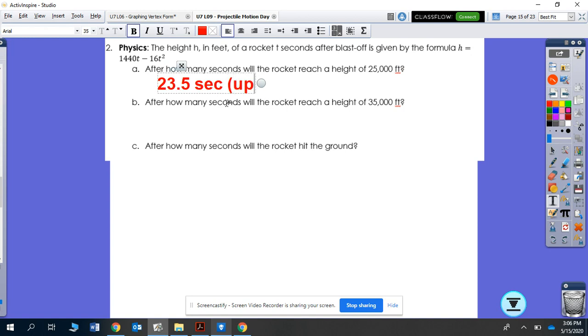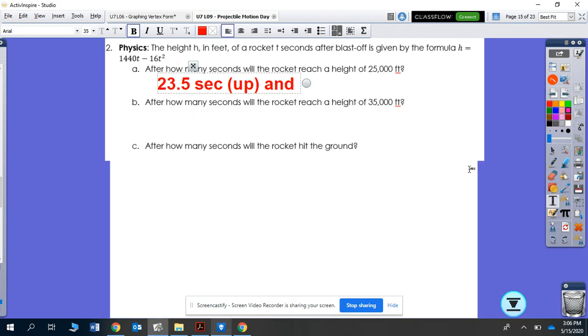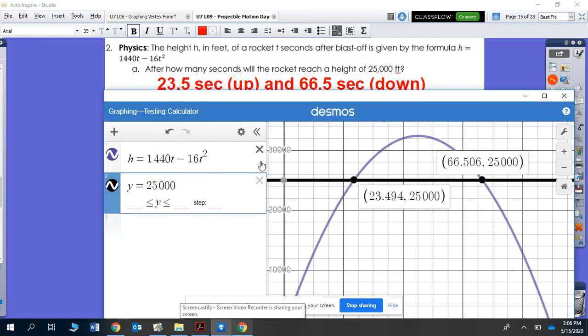That was on the way up. And then on the way down, 66.5 seconds on its way back down to Earth, right? So visually, that's so much easier now that we have Desmos to visualize that actual scenario, okay?